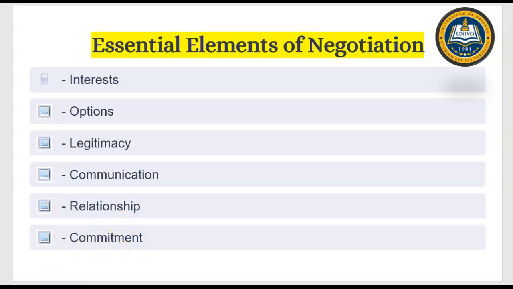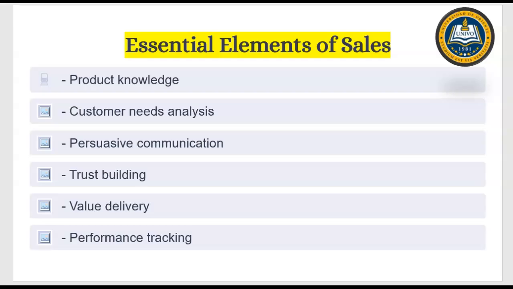Okay. Now, last one, elements for selling. Product knowledge. Okay. So keep in mind, you have to know everything about the product or the service that you're offering. Customer needs analysis. Okay, what they need. Okay, you're offering this. But if they're asking for something, they're looking for something else.